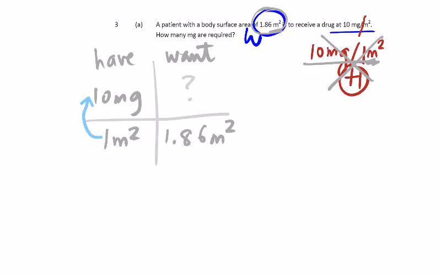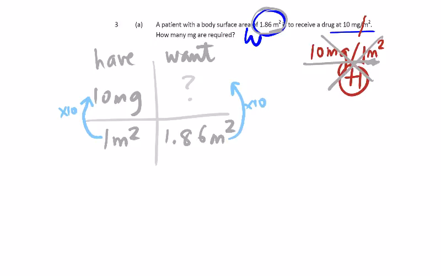So 1 to 10, if the 1 changes into a 10, it means it was multiplied by 10, because it got bigger. So it should happen to this number here as well. 1.86 must also be multiplied by 10. So 1.86 multiplied by 10 will have to be, instead of 1, 18.